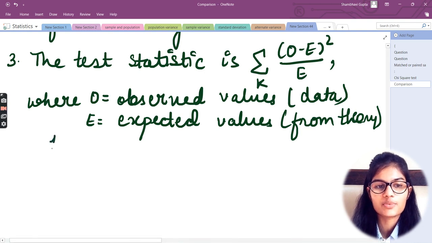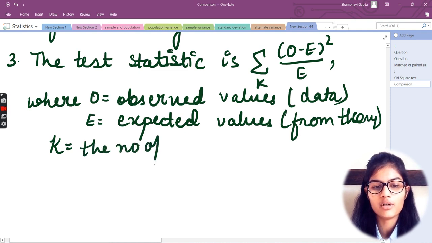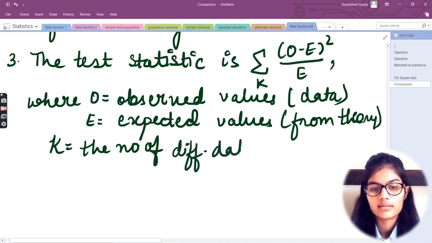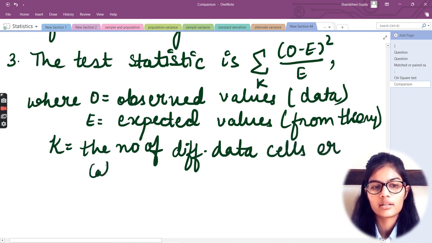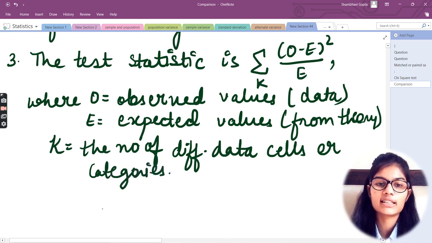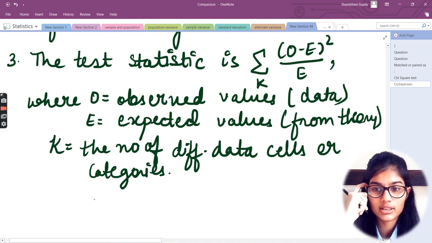We had K as well in the formula. So K is the number of different data cells or categories, right? So K is basically the number of different data sets or the categories which we have.